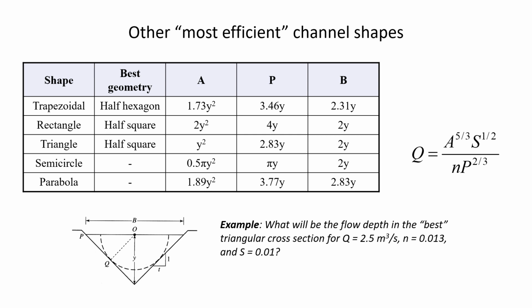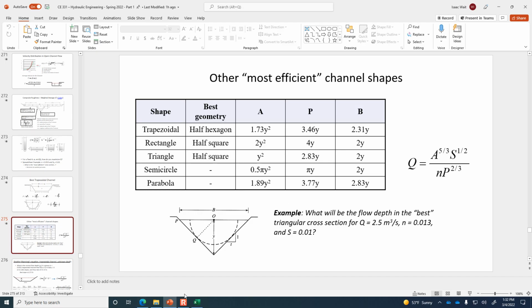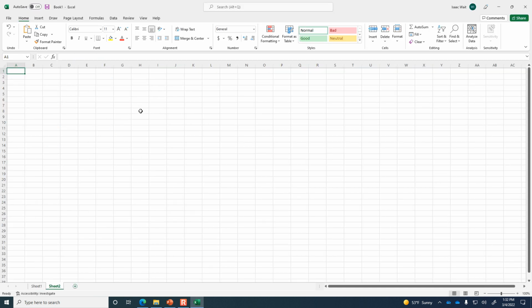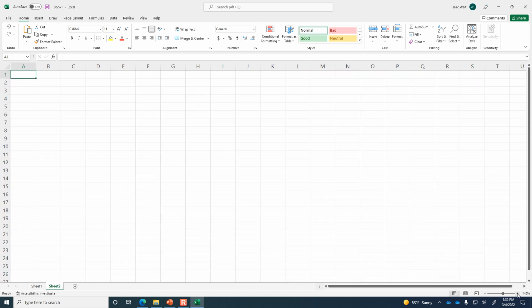So solve for y. You can do it with the calculator. We can try it on Excel. Let's just start a new sheet here. Okay, so I'm going to have a guess value of y.